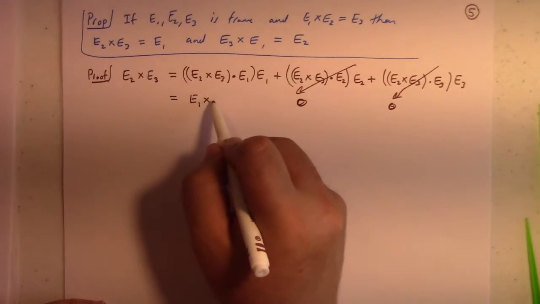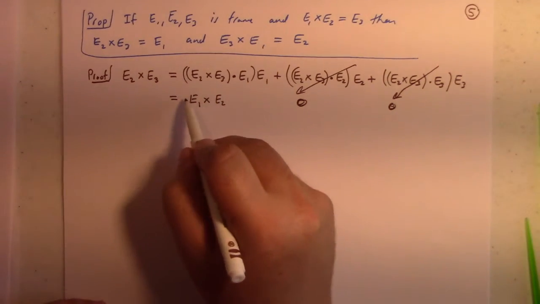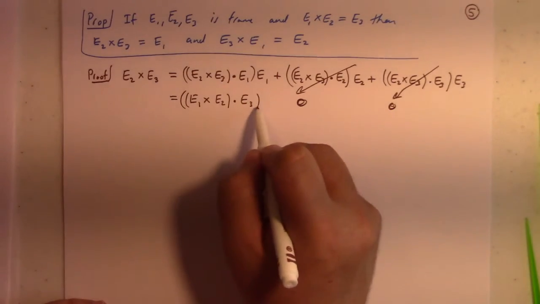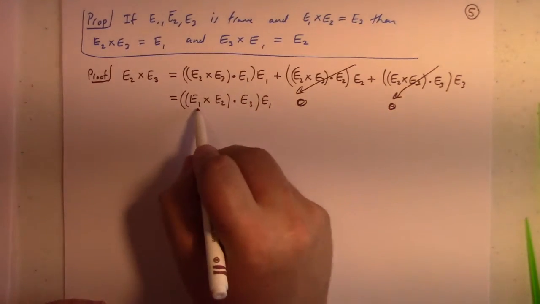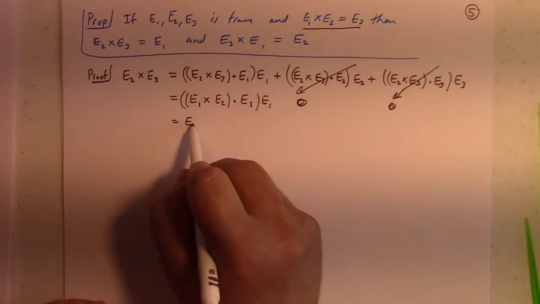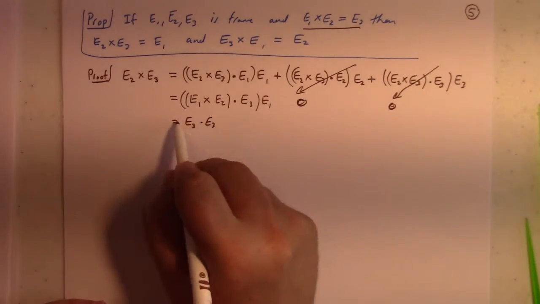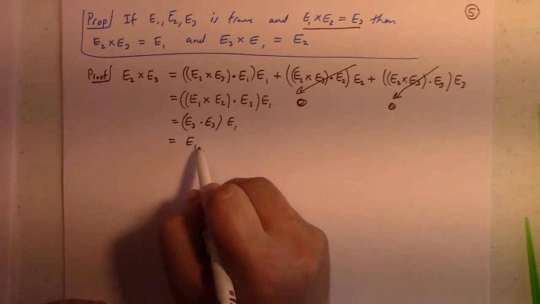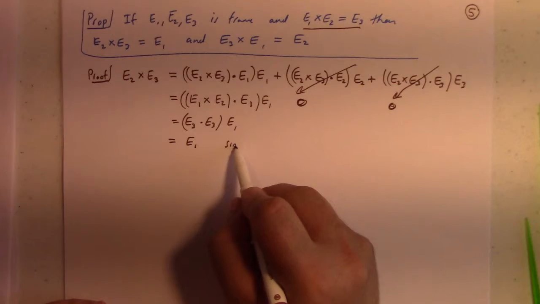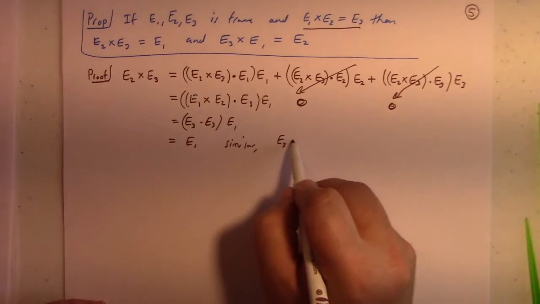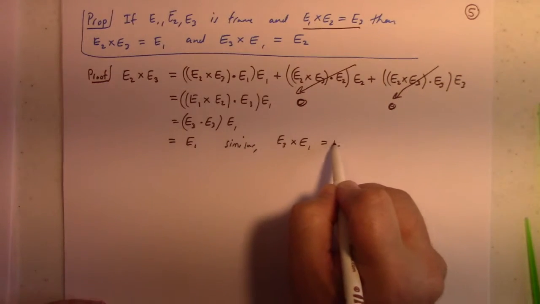So that's E1 cross E2 dot E3, E1. Aha! E1 cross E2 was given to be E3. So that's E3 dot E3, E1. So lo and behold, there you go, E1. So it's very similar. You can show that E3 cross E1 is equal to E2, all right?